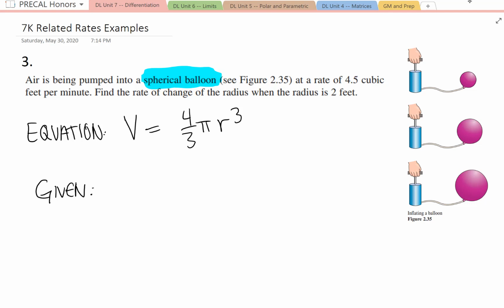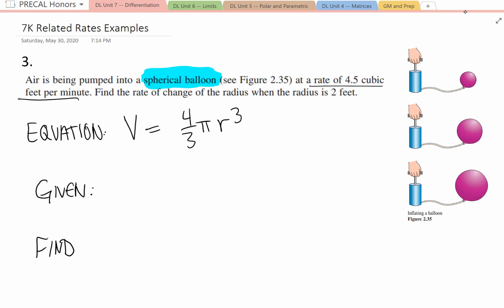But what's the given information? And what do we still need to find? The given information is that the rate at which the air is being pumped into the balloon is 4.5 cubic feet per minute. They didn't give us any sort of time, any conditions, so this is a constant rate.